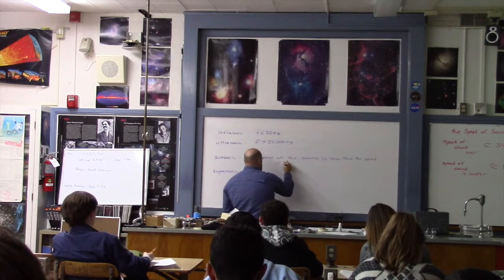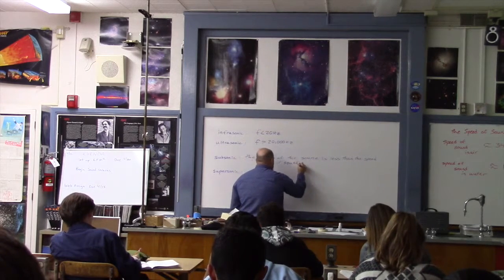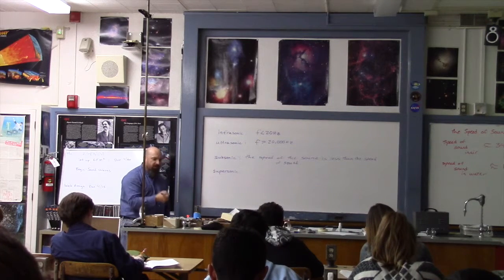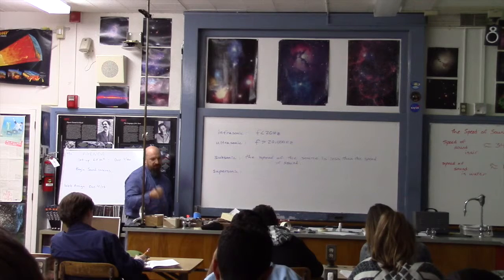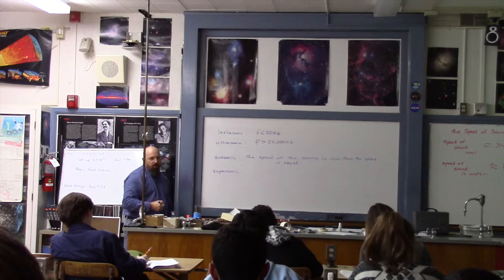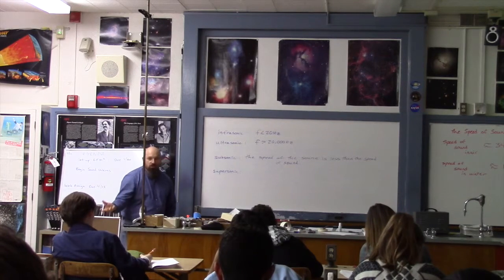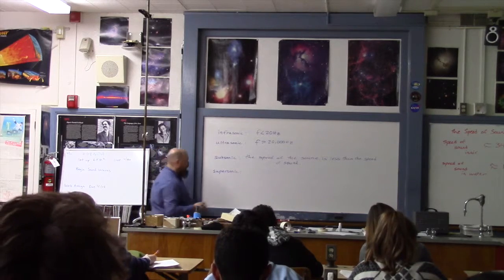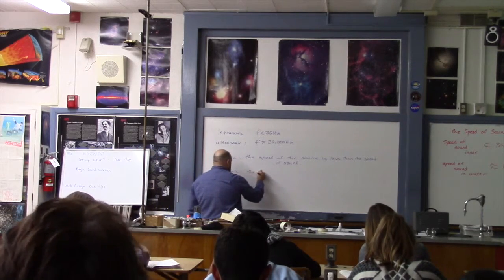Then you can probably guess what supersonic means. Supersonic is when the source of the sound is greater than the speed of sound. Its speed is greater than the speed of sound. What happens, for example, when a plane goes supersonic and, quote, breaks the sound barrier? We'll get to that later on in the chapter. But supersonic is another speed.